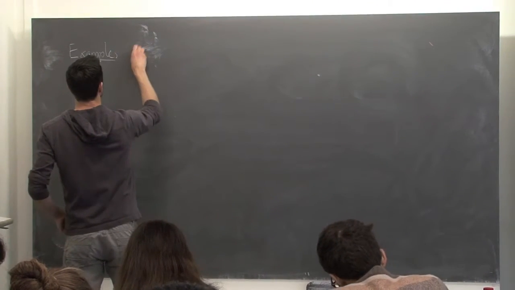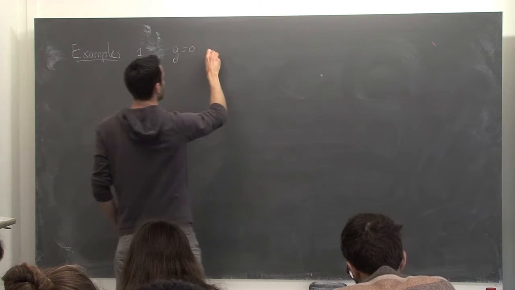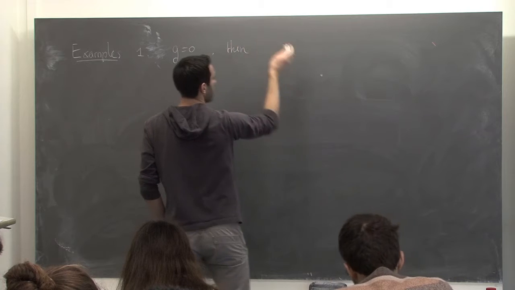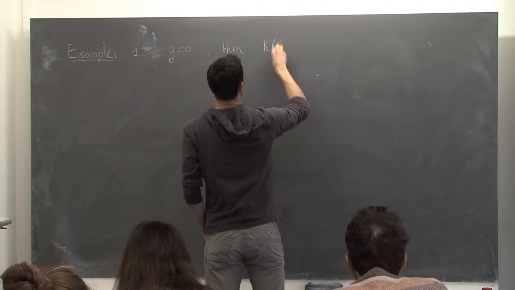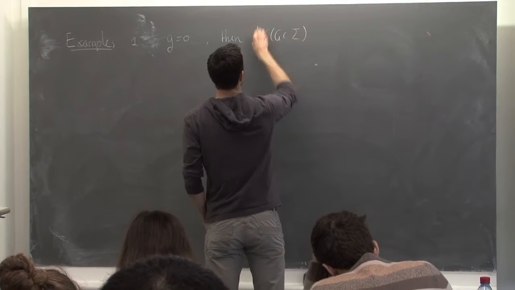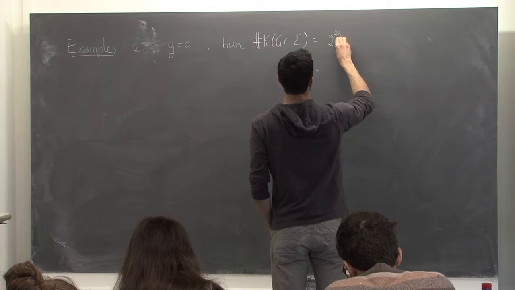So examples. The first example, you all understood it already, I guess. If G is equal to 0, then you have a single Castellan orientation up to equivalence, the number of Castellan orientations being 2 to the power 2G, which is equal to 1.